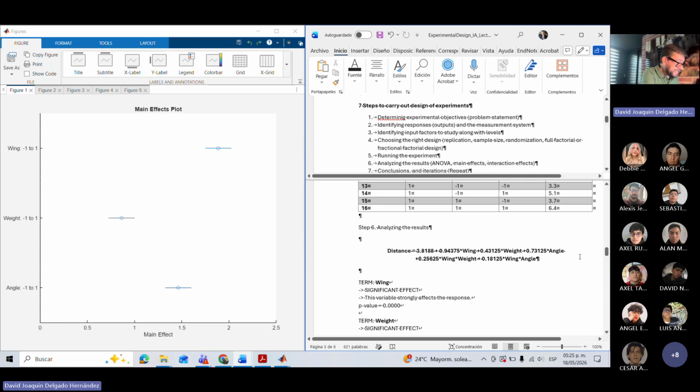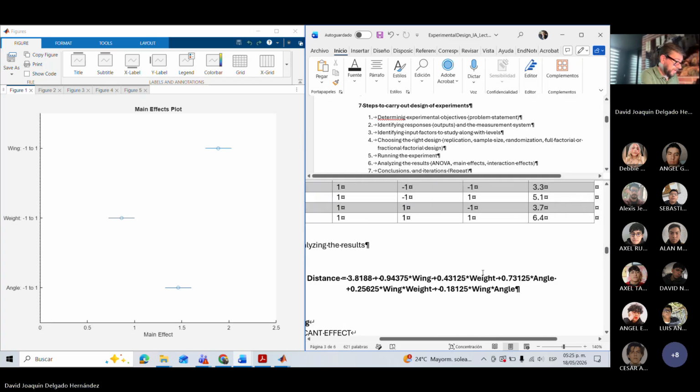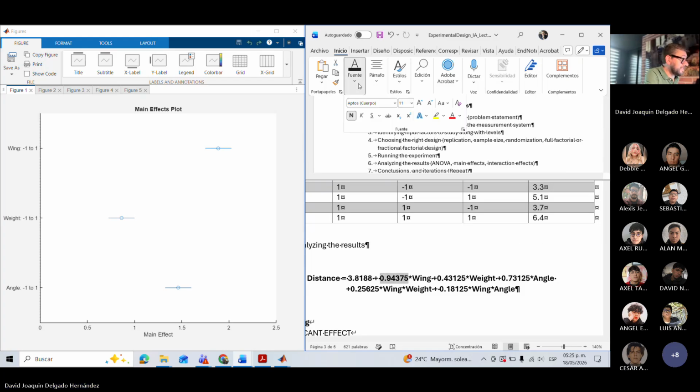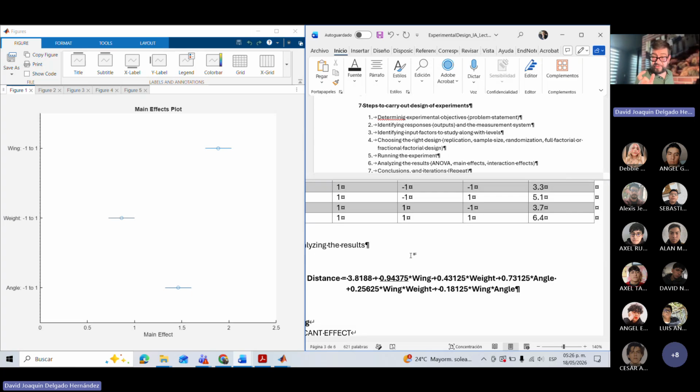And look, you can see that in the model. If I check, look, the wing has the very big coefficient, which is 0.94. That is the coefficient of the wing. So you multiply the wing times this coefficient, and you are going to have a very big number.